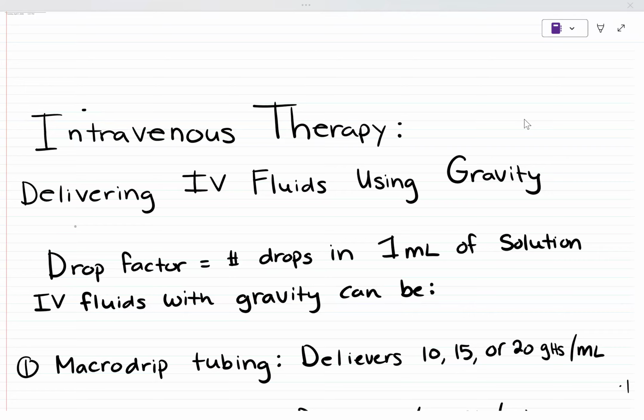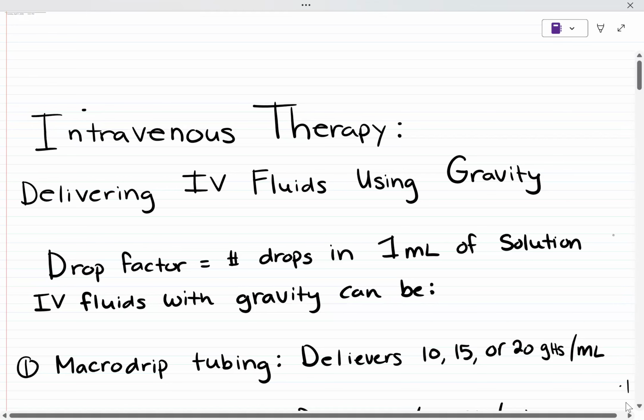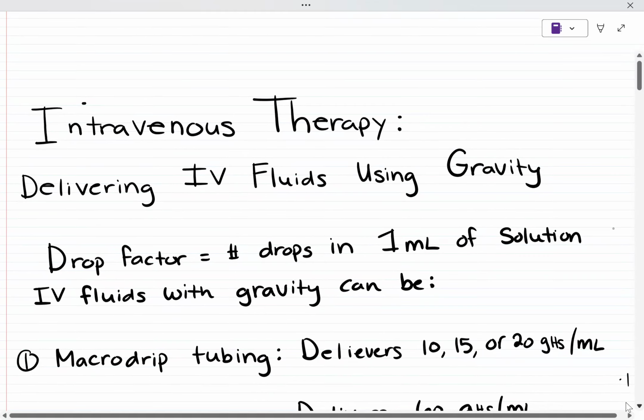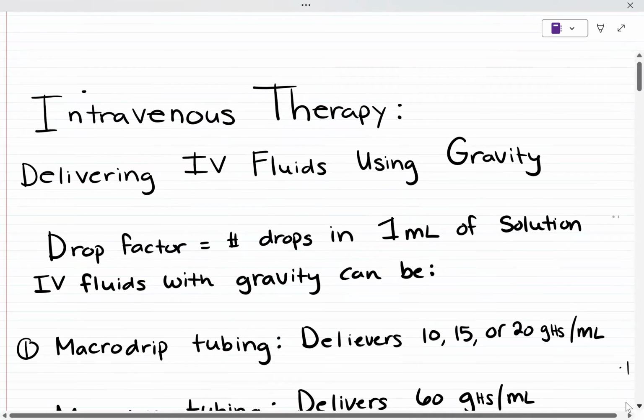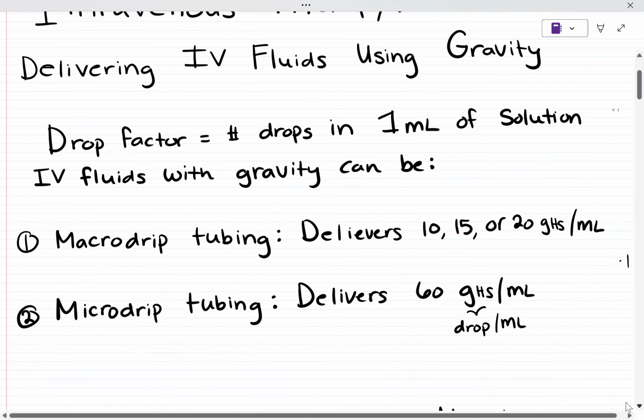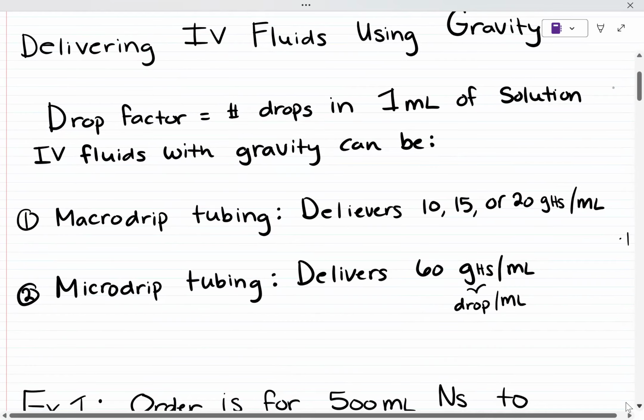The first thing you need to know is the drop factor. The drop factor is basically the number of drops in 1 milliliter of solution of IV fluids with gravity. It could be under a macro tubing, which delivers 10, 15, or 20 gtt per minute.